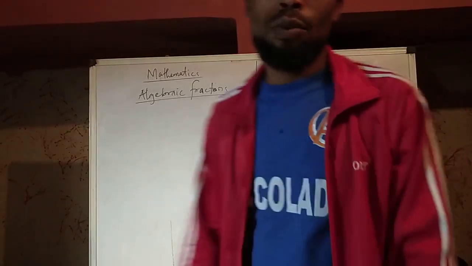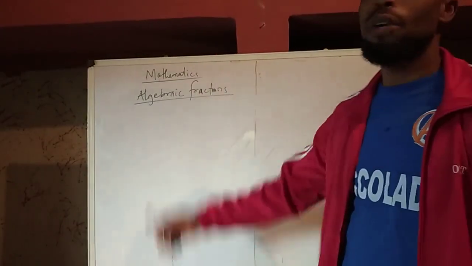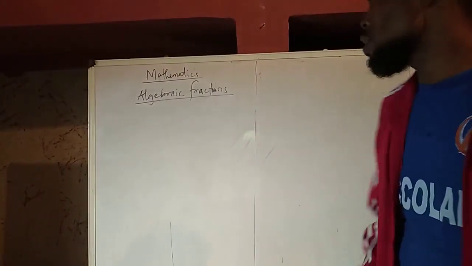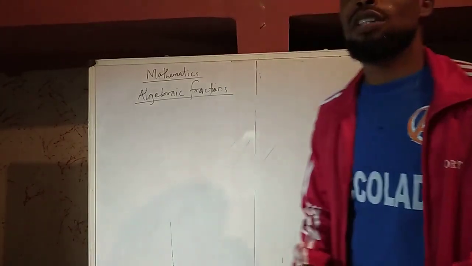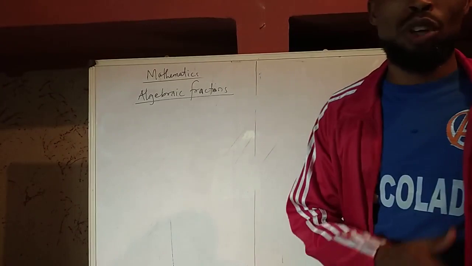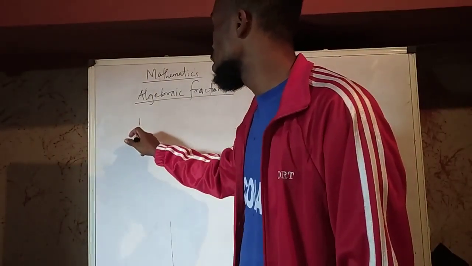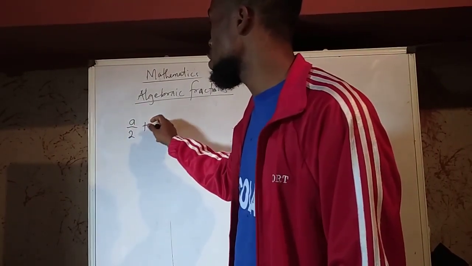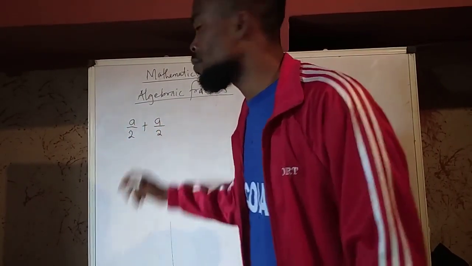Alright, so guys, we are going to be talking about algebraic fractions. What algebraic fractions simply refers to is fractions that are in algebraic form. For example, let's say you have a over 2 plus a over 2.